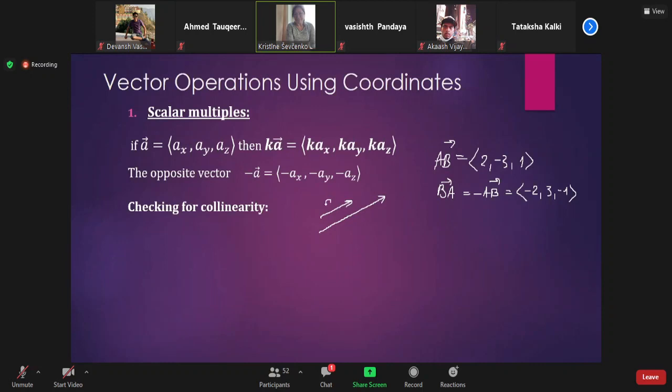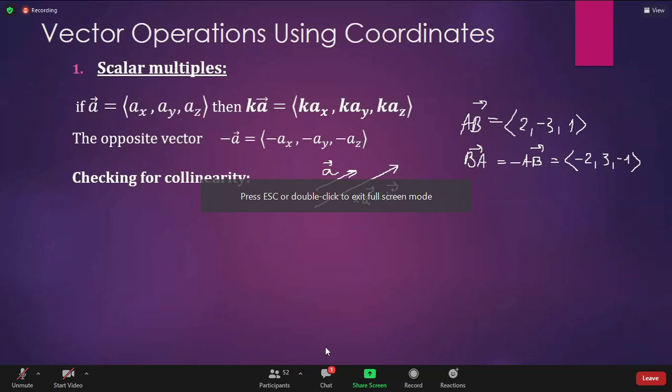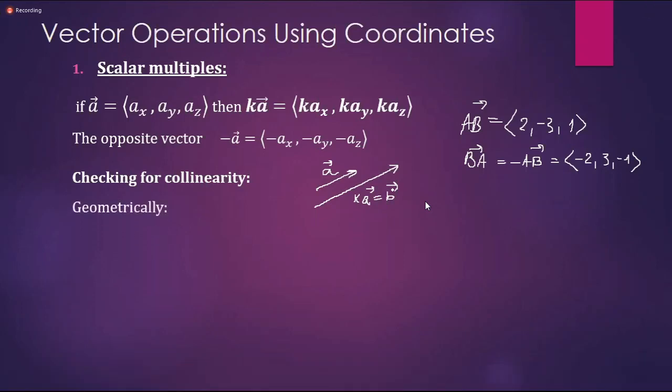So if this is A, then this is k times A, and so is the vector B, for example. If I have two collinear vectors A and B, then I can have no doubts that such a number k exists. But what to do with coordinates?